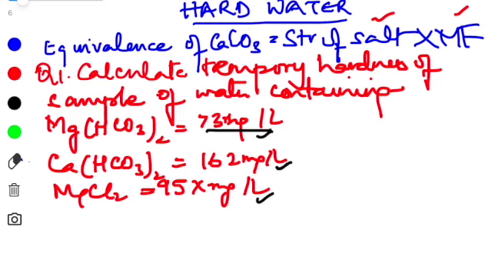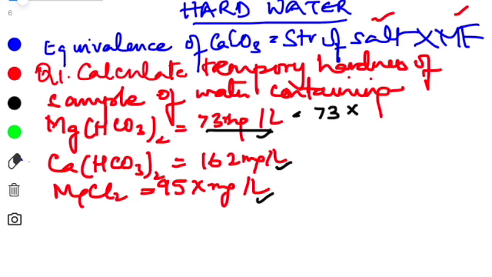We have magnesium bicarbonate, one of the salts, concentration is 73 milligrams per liter. So I convert this into equivalence of calcium carbonate first. How do I do it? It is equal to the strength of the salt, which is 73, multiplied by the multiplication factor. And what is the multiplication factor?